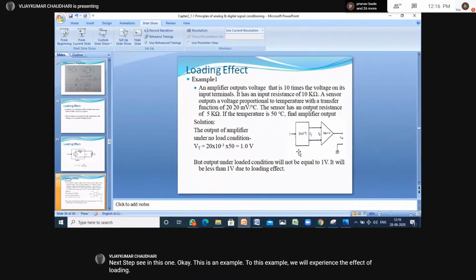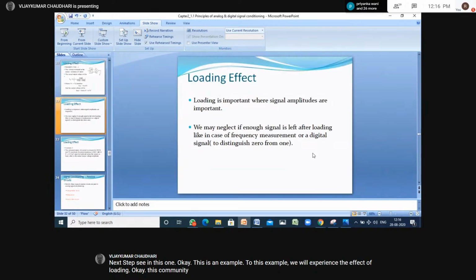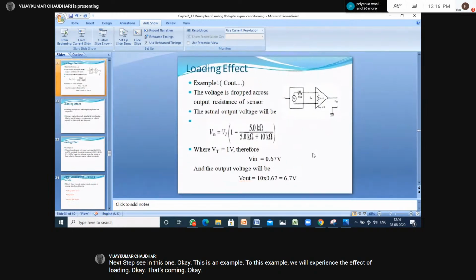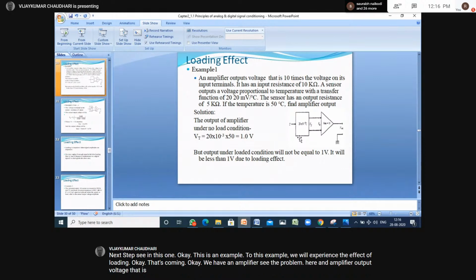Direct examples are taken. We have an amplifier. See the problem. What is written here? An amplifier outputs a voltage that is 10 times the voltage at its input terminal.